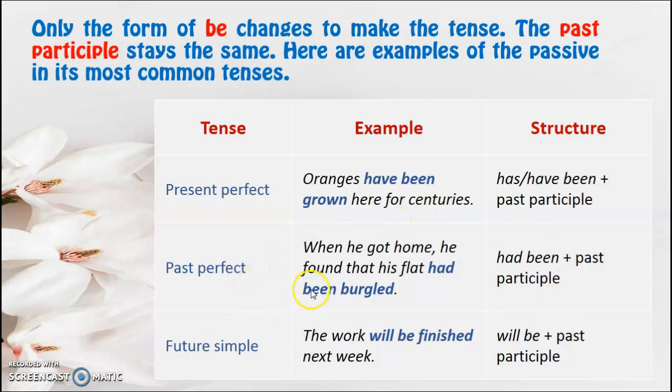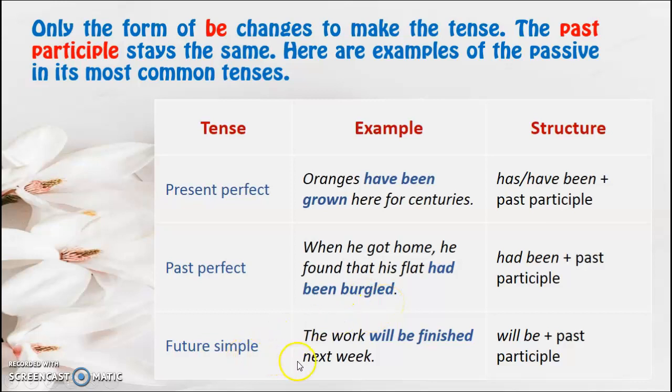In the past perfect, for example, when he got home, he found that his flat had been burgled. Had belongs to the past perfect auxiliary, been is the verb to be, and burgled is the past participle.